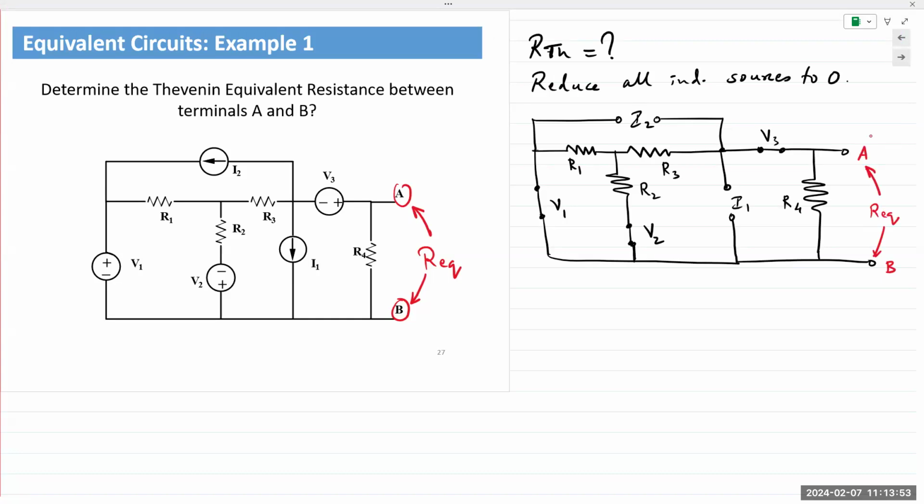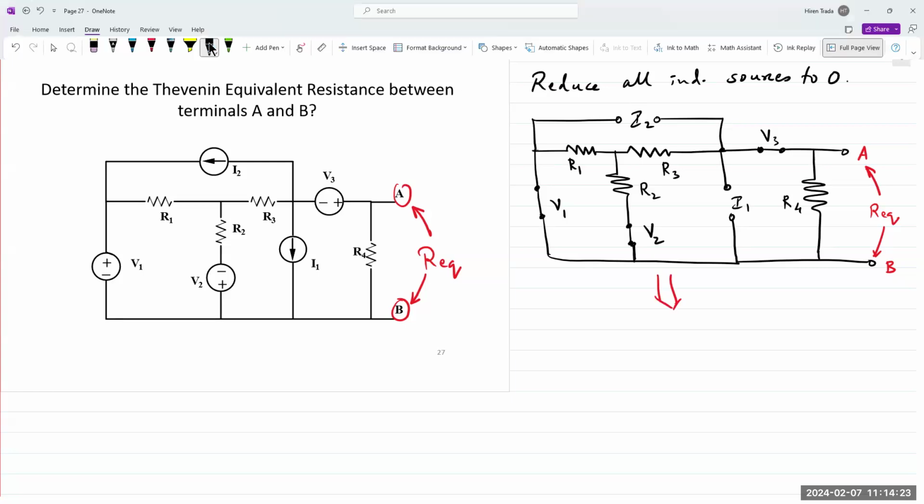We reduce all independent sources to 0, meaning replace a voltage source with a short circuit and a current source with an open circuit. Then redraw the circuit. Make sense? Now, again, I draw this for explanation purposes. You can draw it like this, or you can simply draw it like this.